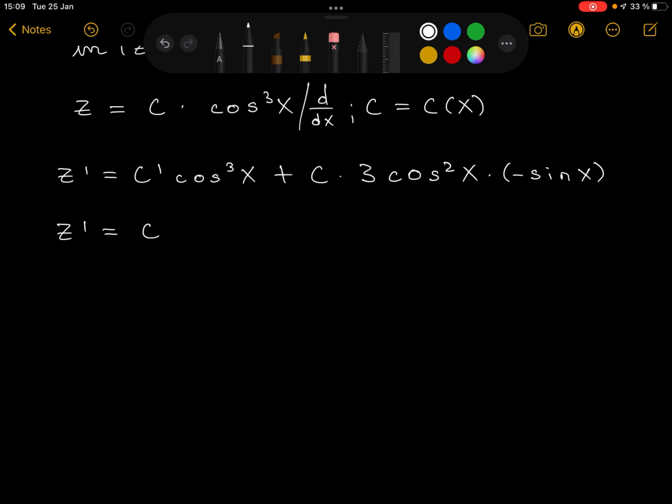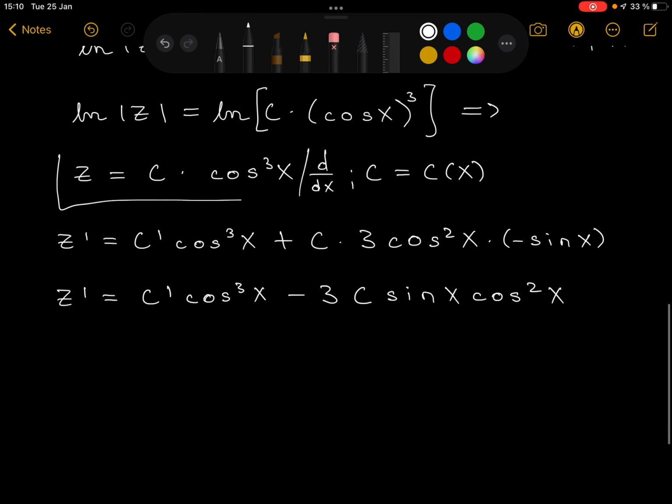So z prime is equal to c prime times cosine to the third power of x minus 3c sine x cosine squared x.